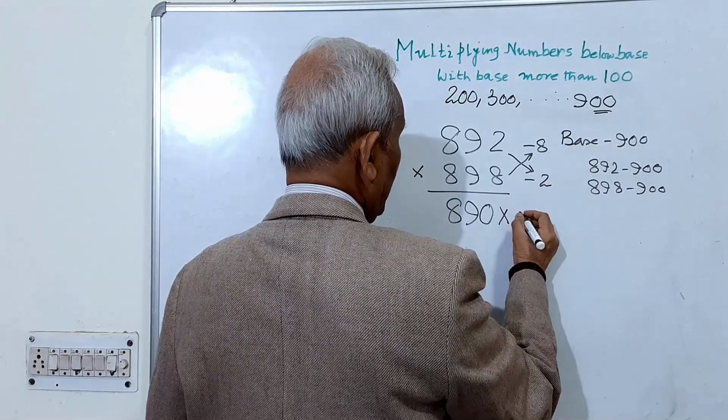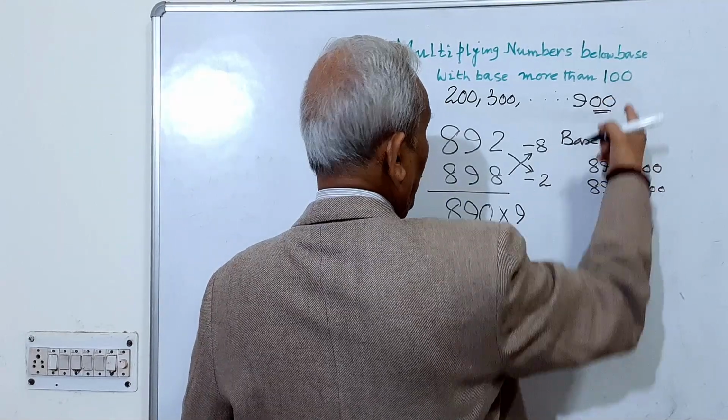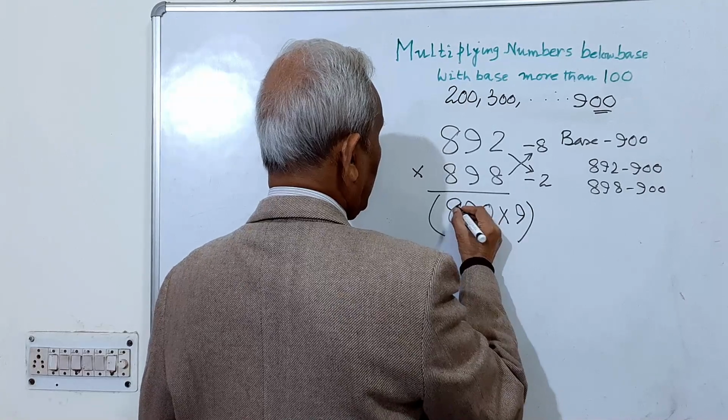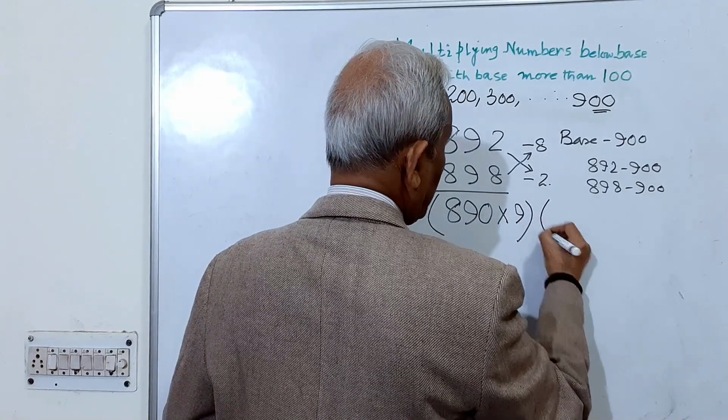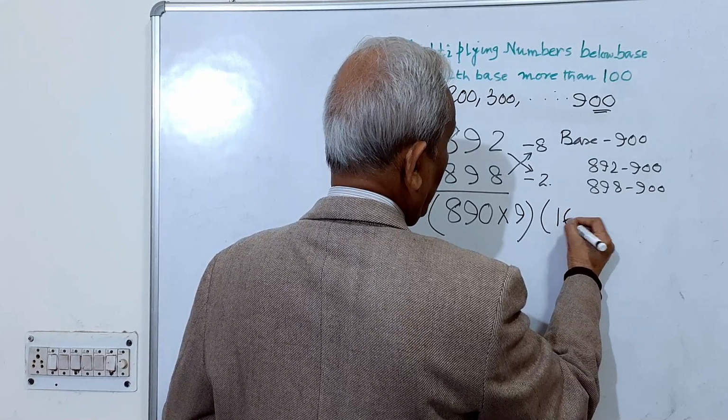890 into, since this is 900, you'll multiply with 9, because as I told you, this is the 9th multiple of 100. So we'll multiply this with 9. 890 into 9. The second part of the answer is minus 8 into minus 2, which is 16.